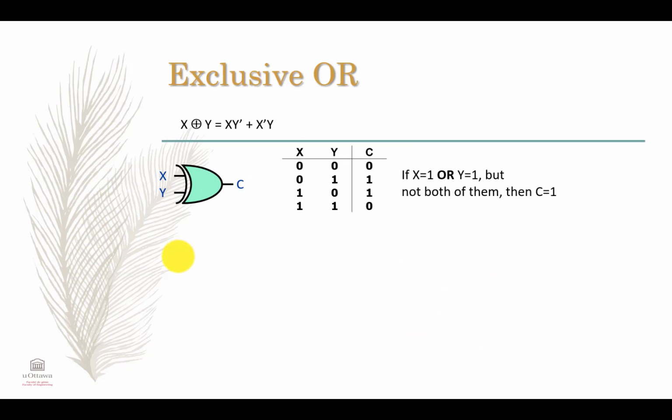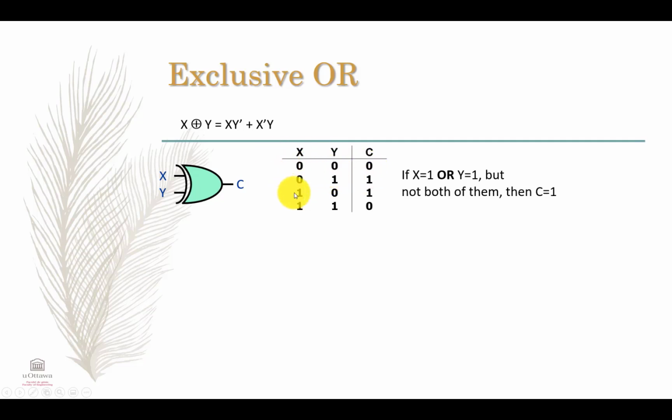Another important logic gate is the exclusive OR, which can simply be pronounced as the XOR. The XOR gives an output of 1 when the number of 1 inputs is odd, okay? So the XOR operates as an inequality operation, okay? So if the inputs are equal to each other, the output will be 0.